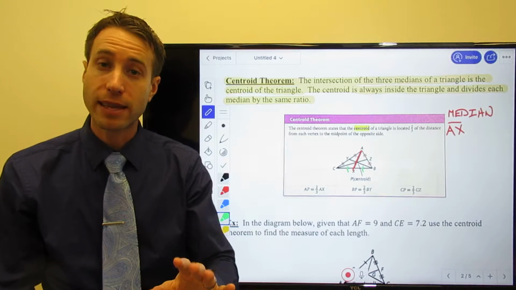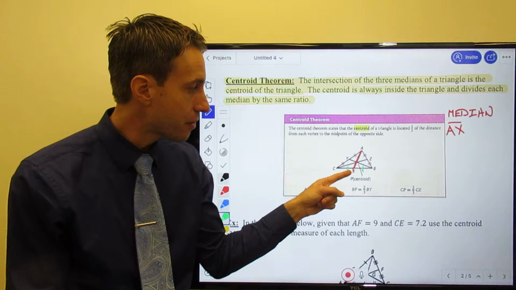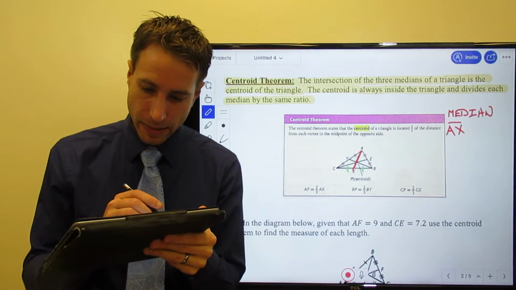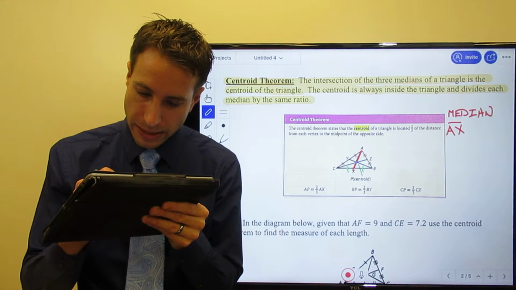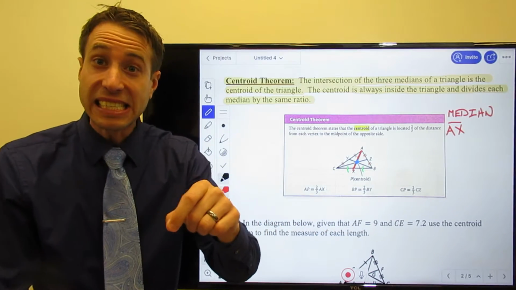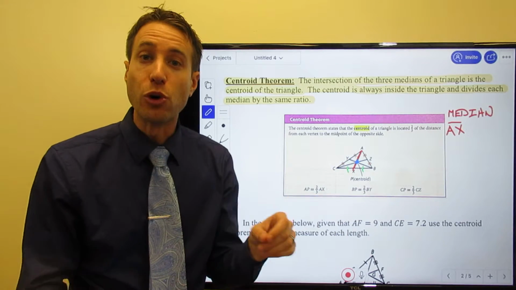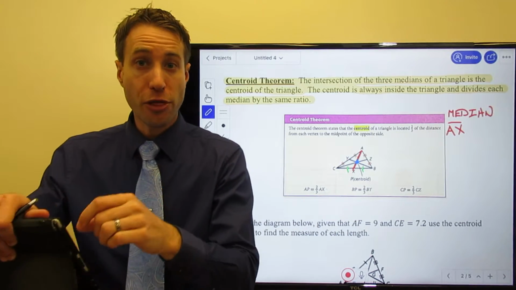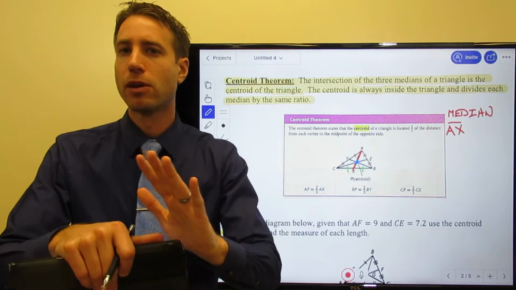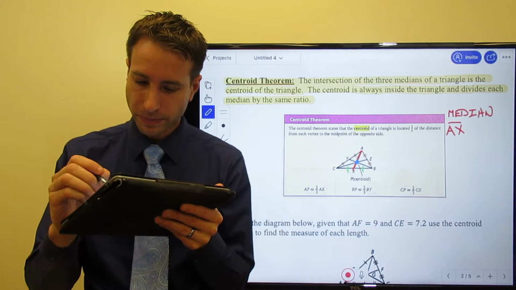So here's the way that it works. The distance from A to X, whatever that distance is. In order to find the centroid, which in this case would be this point right here in blue, the distance from A to the centroid will be exactly 2/3 the distance A to X. Let me give you a real quick example.